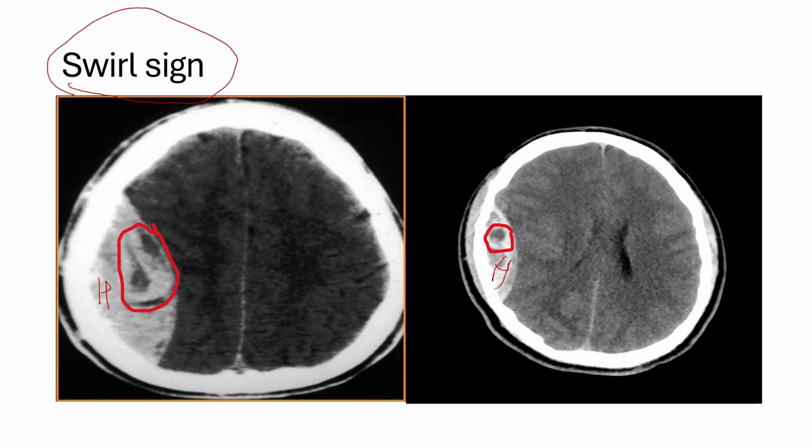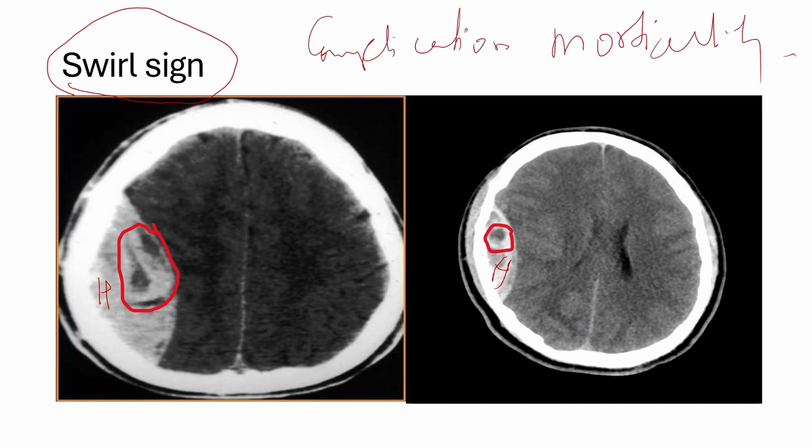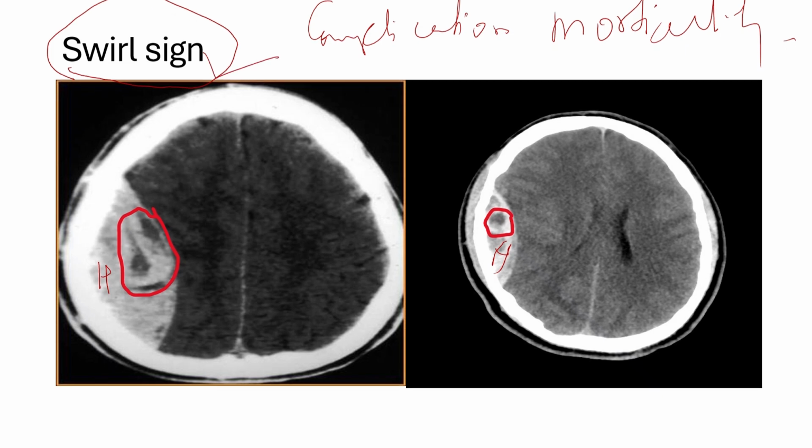This indicates rapid hematoma expansion. If we see this kind of hypodensity within the collection on CT, it shows a rapidly expanding hematoma, and it requires immediate surgical evacuation to minimize mortality. So this is a very important sign, the swirl sign.